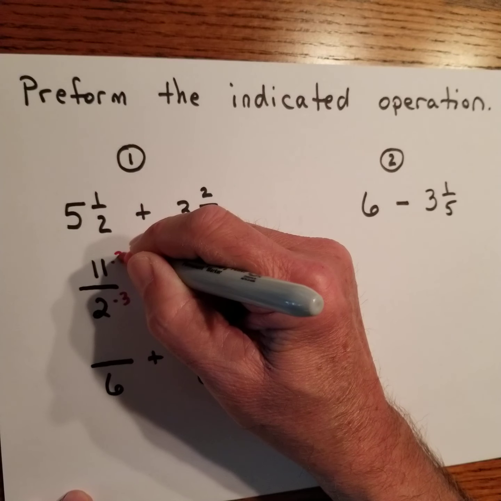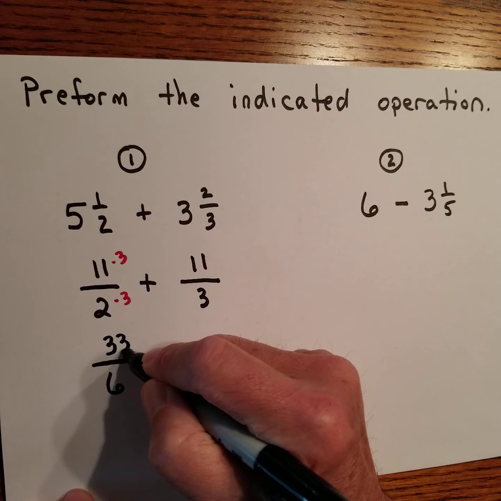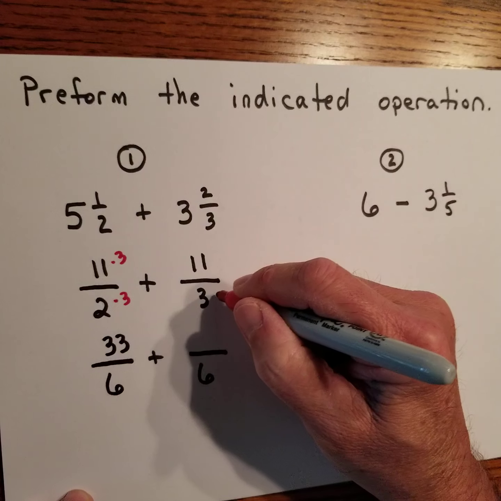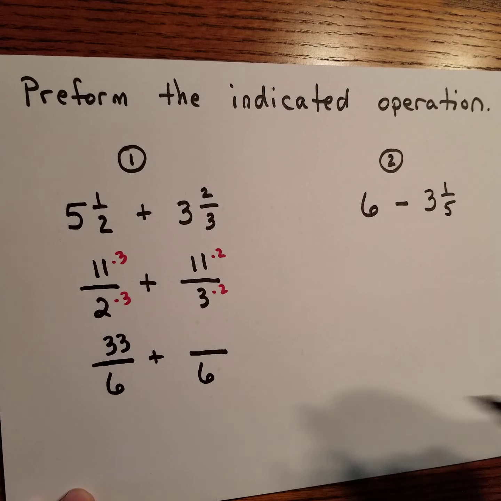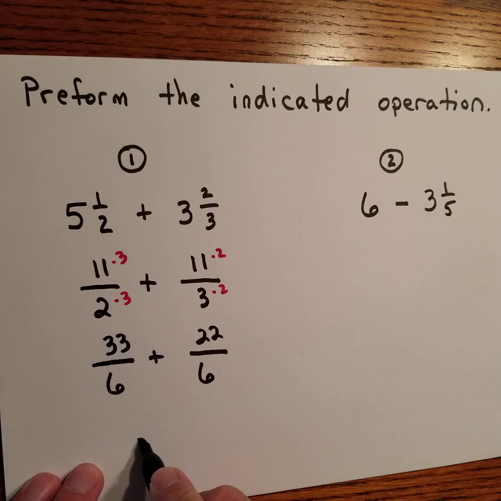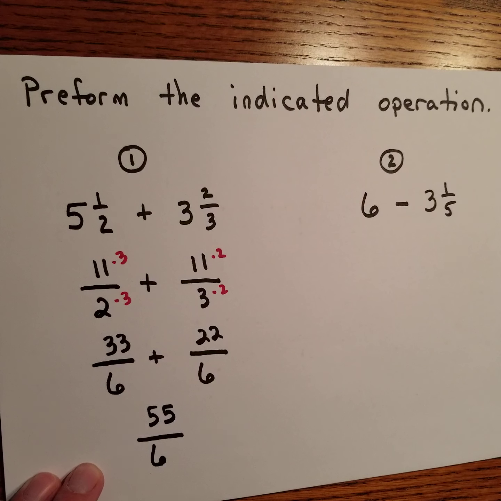It's 3. Multiply the numerator by 3. What do you multiply times 3 to get 6? It's 2. We'll multiply that numerator by 2. Now keep the common denominator. Add the numerators. There's my answer as an improper fraction.